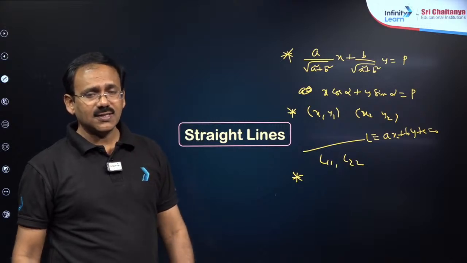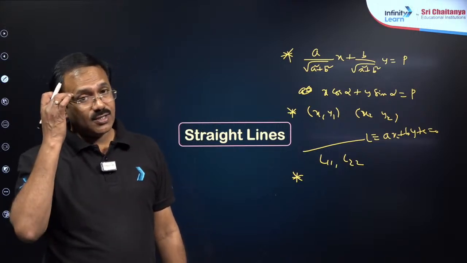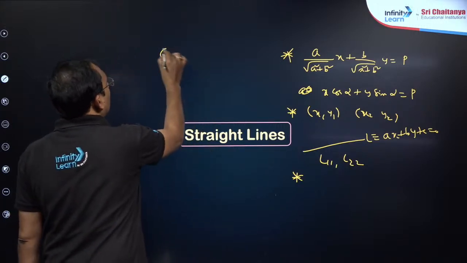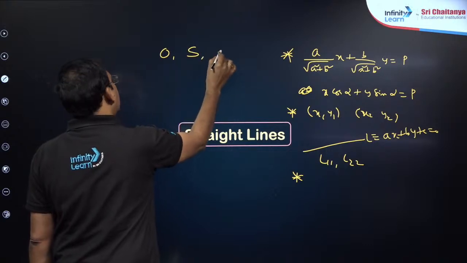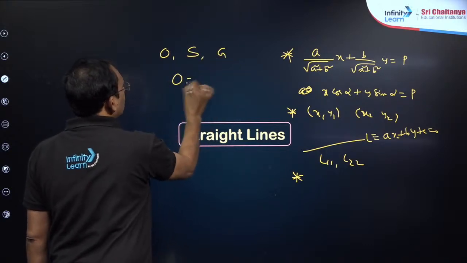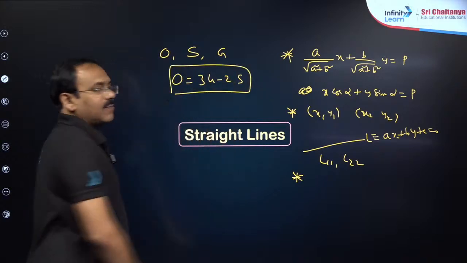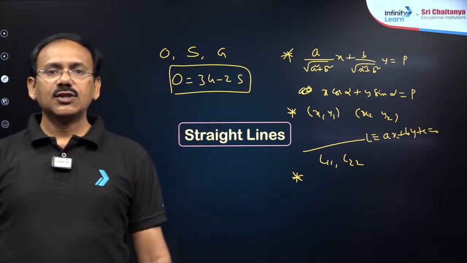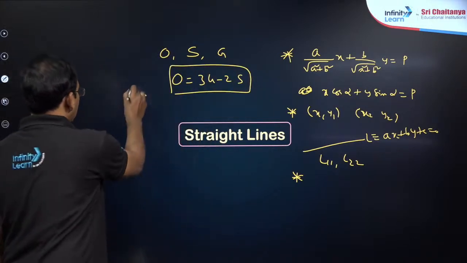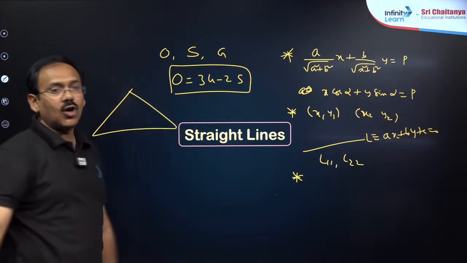After that, the rest: angle between two lines, foot of the perpendicular and all these things are the same. Most importantly, the relation between orthocenter, circumcenter and centroid: O = 3G − 2S. Very important questions are being given on this. The orthocenter is the point of concurrence of altitudes.